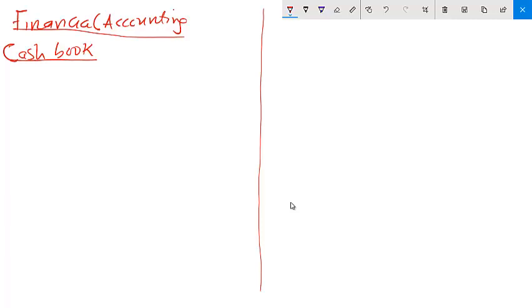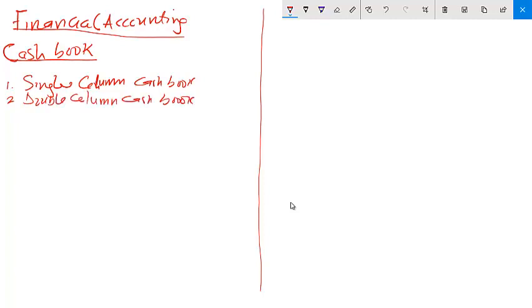To remind ourselves, I made mention during the last class that cash book is categorized into 3. Number 1, we have the single column cash book. 2, we have the double column cash book.